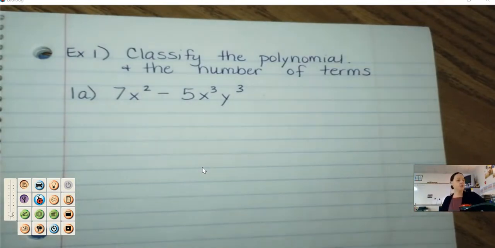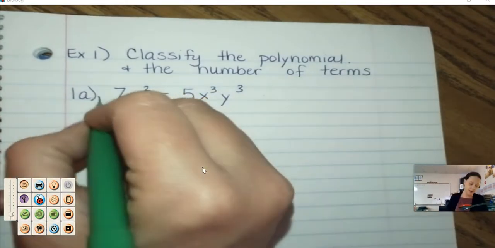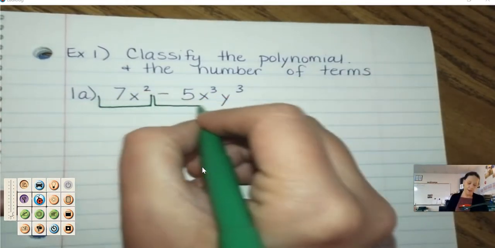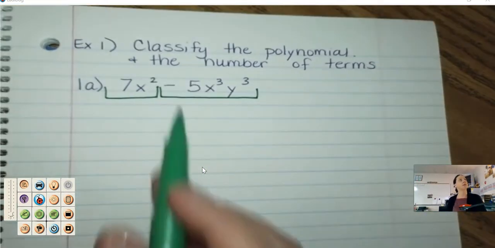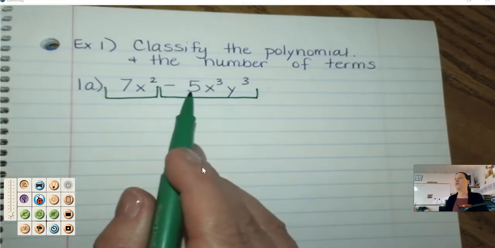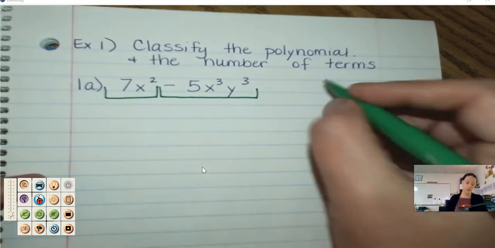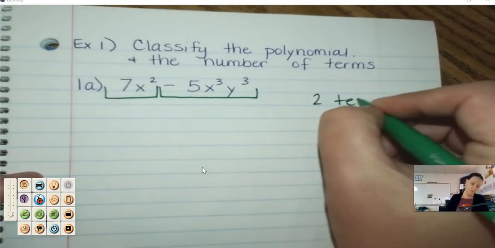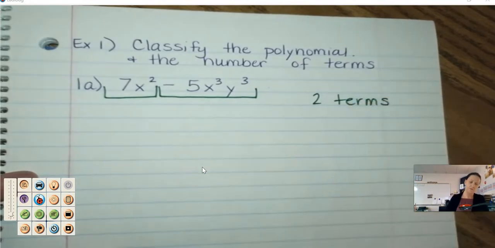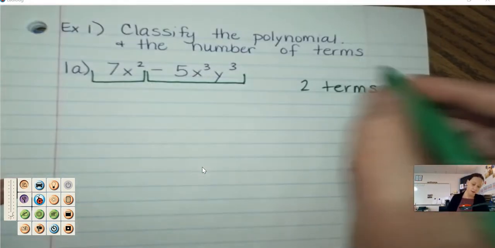Okay, the first thing I'm going to do is figure out how many terms there are. So every time you get to a plus or minus sign, you stop. And that plus or minus sign goes with the next number. So that minus sign is attached to the 5. Make sure you understand that. So there's 2 terms. When I have 2 terms, that's called a binomial.